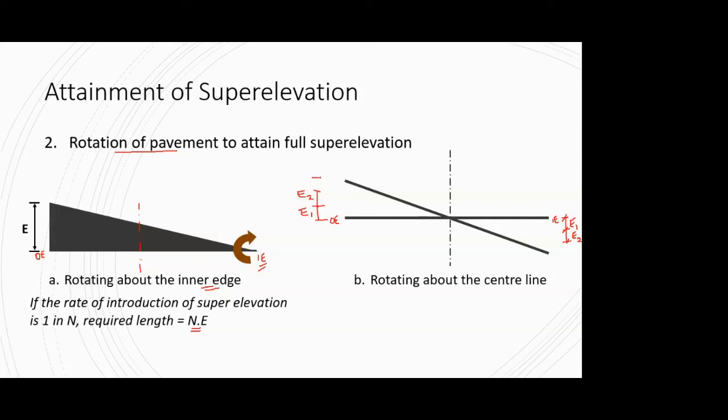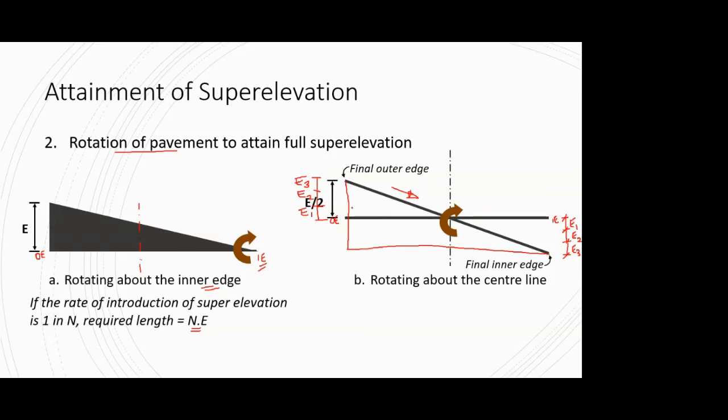Then again, E3 is the amount by which I have raised my outer edge, and simultaneously my inner edge has been lowered by the same amount E3. This rotation is about the center line, and this is the final position of my outer edge and inner edge. If I say that a pavement is there over here, it will look something like this, and this will be the superelevation that I have provided.